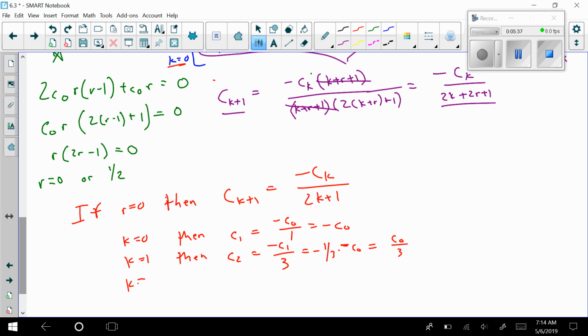Let's do one more here. This would be c sub 3 equals a negative c sub 2 now, all over, this was a 4/5, right?